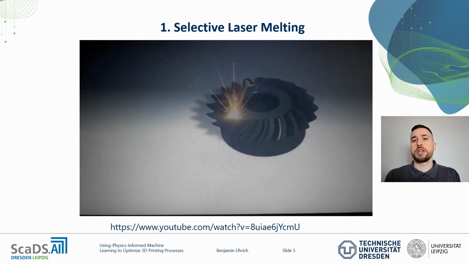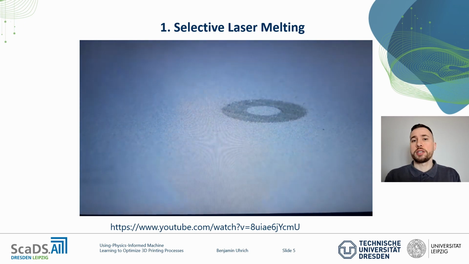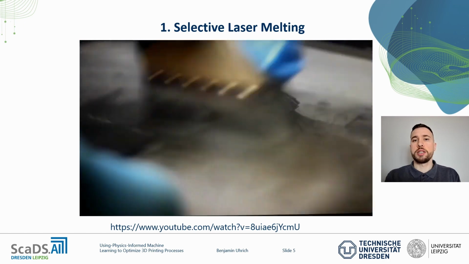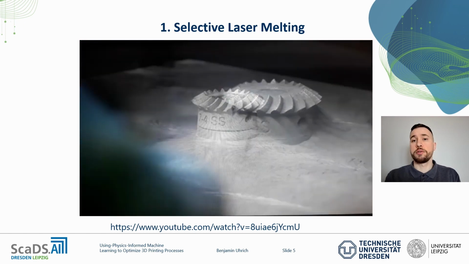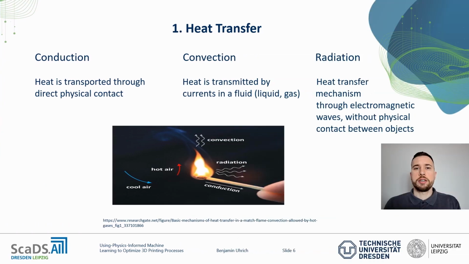These melting processes result in repetitive heating and cooling cycles and thus represent one of the main factors influencing component quality. For example, heat accumulations can lead to deformation of the component, and to avoid this, we need to understand the temperature processes better. Basically, there are three heat transfer mechanisms.